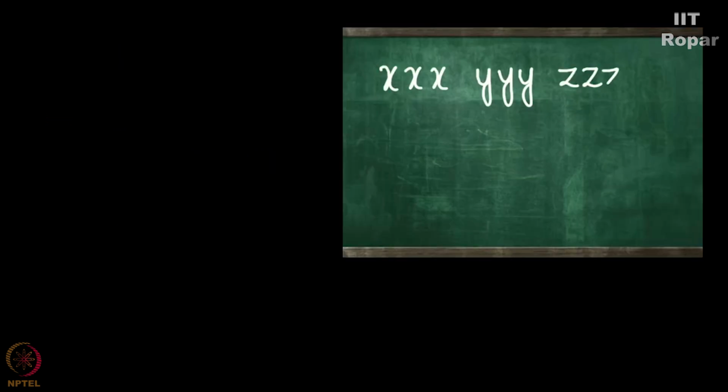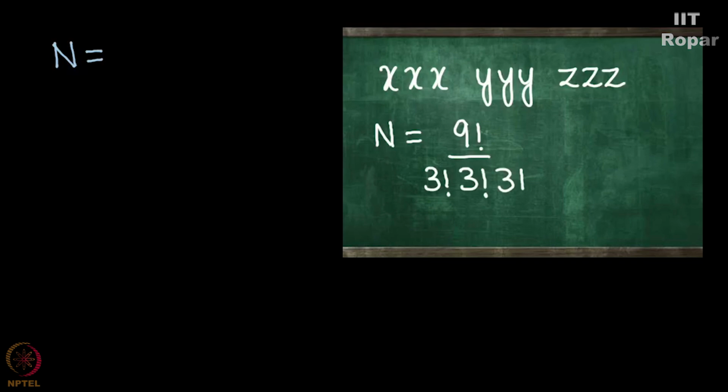Next, what is N here? N happens to be all possible arrangements of these 9 alphabets given: 3 x's, 3 y's, 3 z's and all possible arrangements. How many of them are there? You have 9 alphabets in all, so it is 9 factorial by 3 factorial into 3 factorial into 3 factorial.